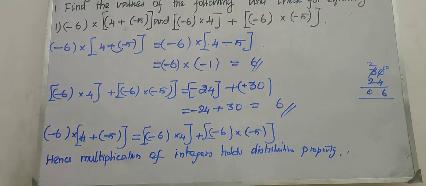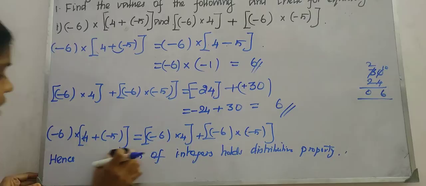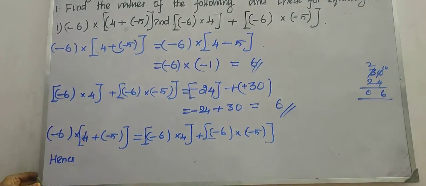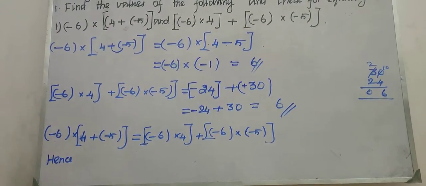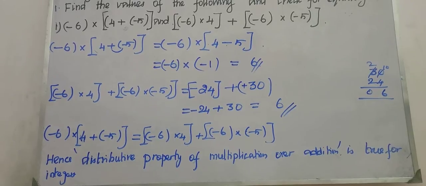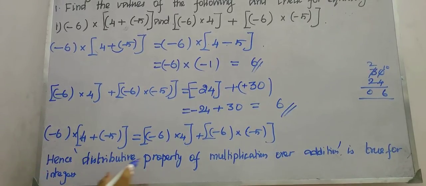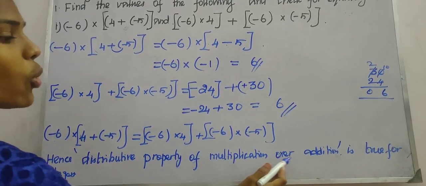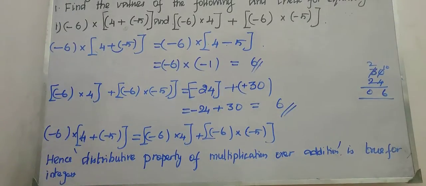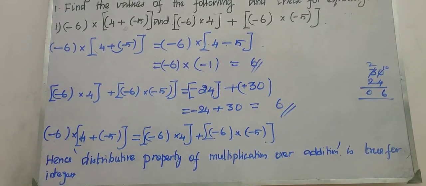Or else we can write: distributive property of multiplication over addition is true for integers. Okay, just write like that. Write this clearly, okay? Hence distributive property of multiplication over addition is true for integers. Okay, children? Likewise, you need to conclude. Okay, children, have you all understood?